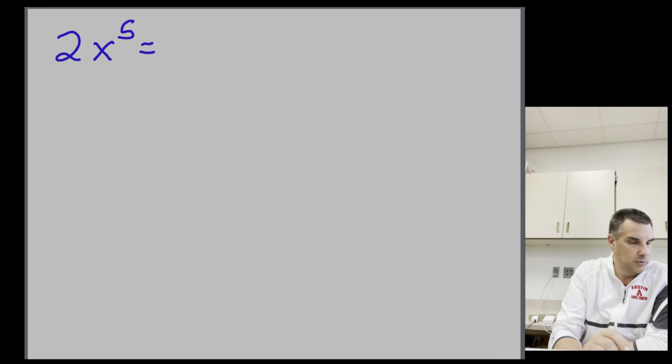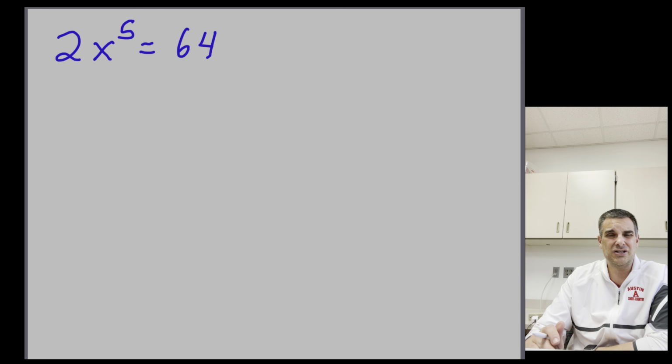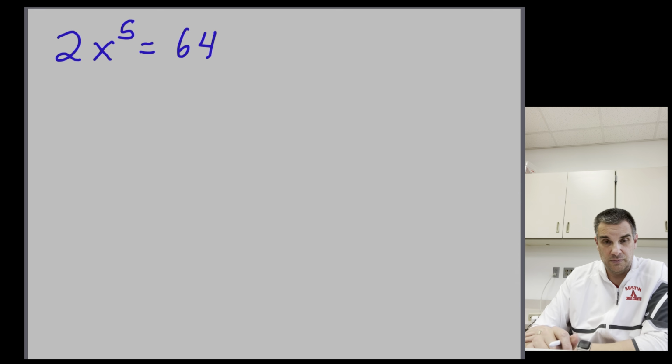The last thing then we need to look at is solving equations involving roots. So something like 2x to the fifth is equal to 64. So solving equations, and you've done this before. So when you're solving equations, first thing you need to do is make sure that you isolate your radical.